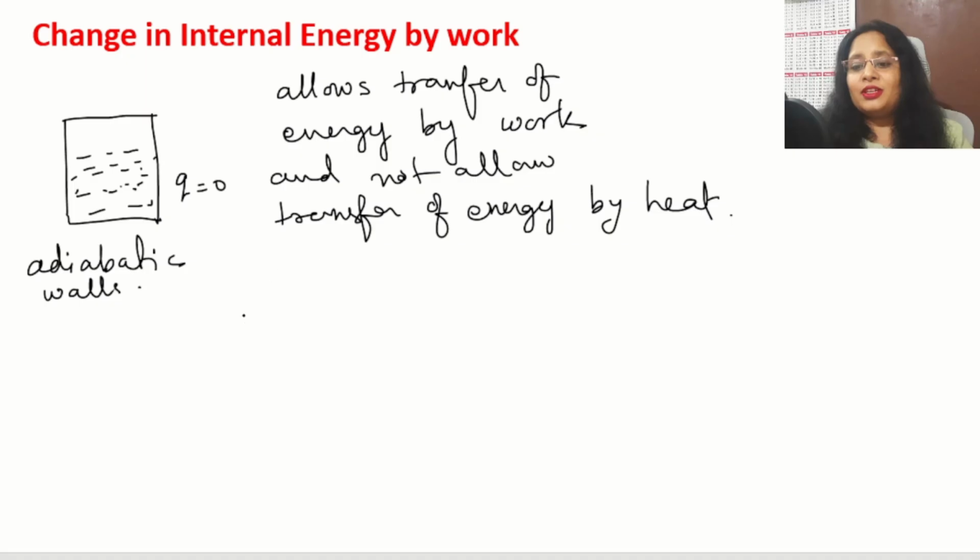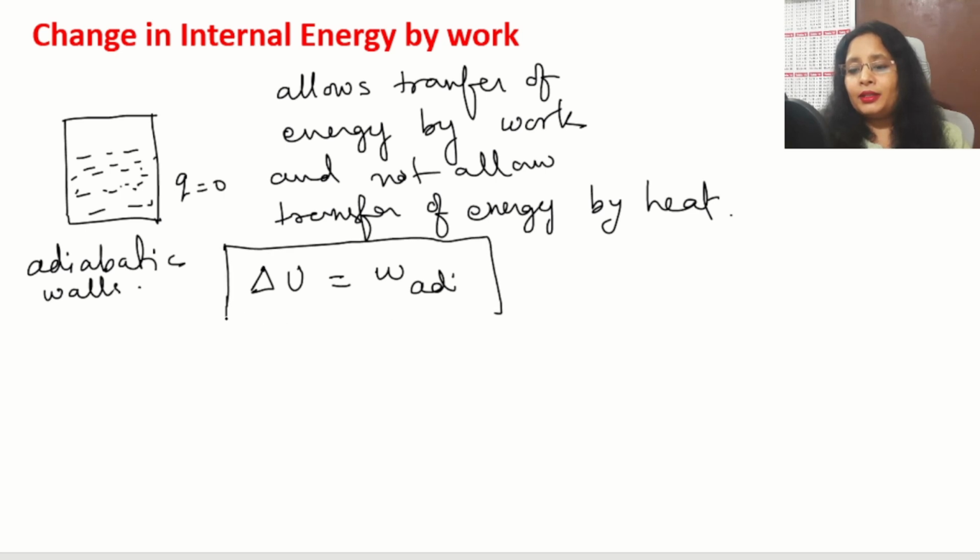So we can say the change in internal energy delta U is equal to the total work done by the system or on the system. So W adiabatic. Delta U in this case is equal to the work done by the system or on the system.